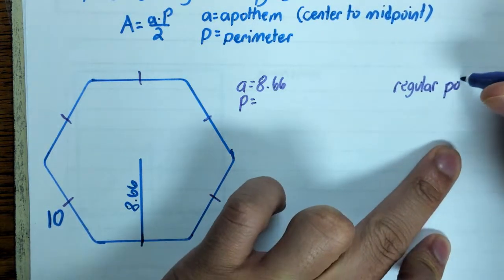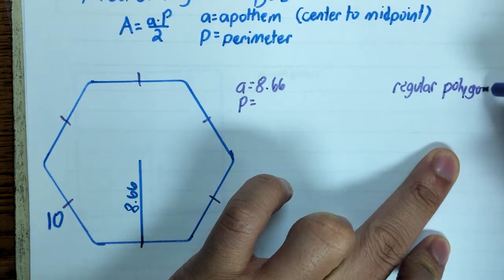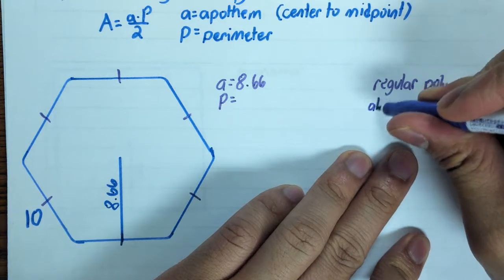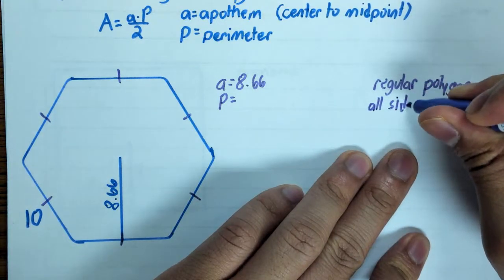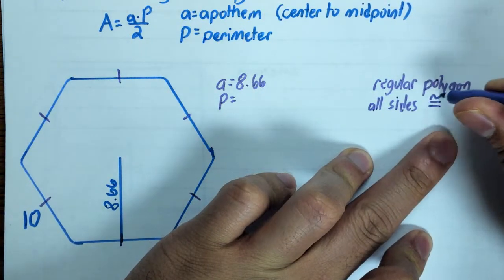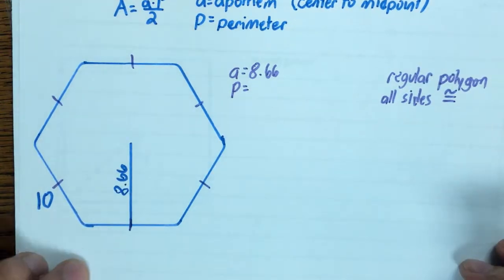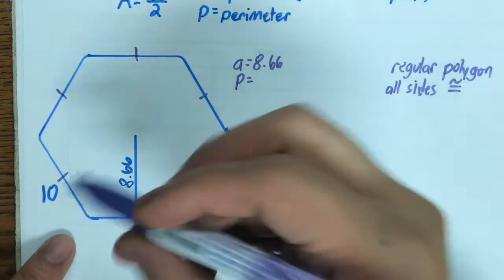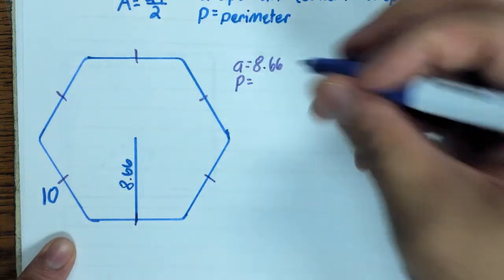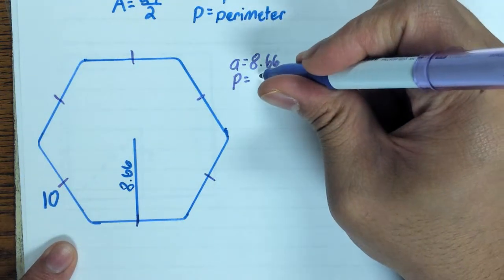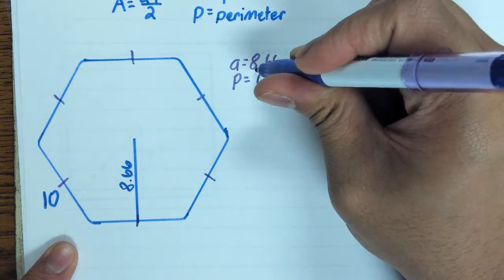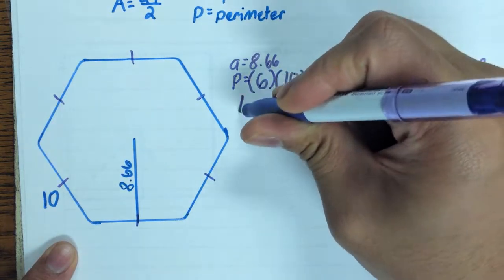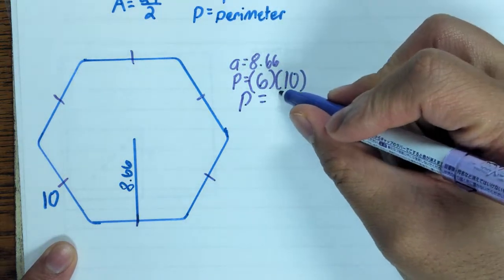Regular polygon means all sides are congruent. So that means 10, 10, 10, 10, 10, and 10. I have 1, 2, 3, 4, 5, 6 sides for a hexagon. So my perimeter is 6 times 10, which gives me 60.